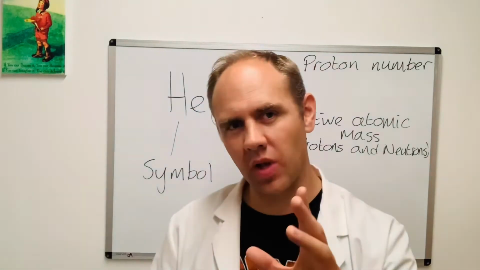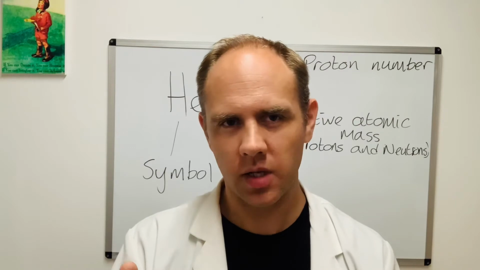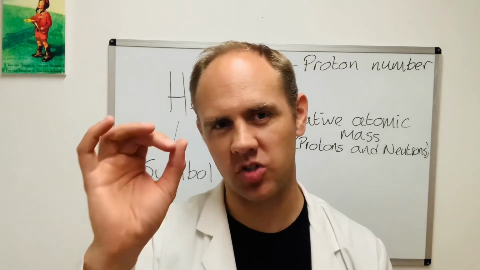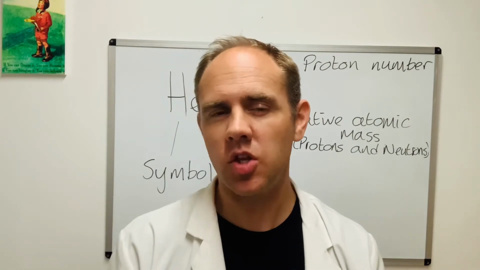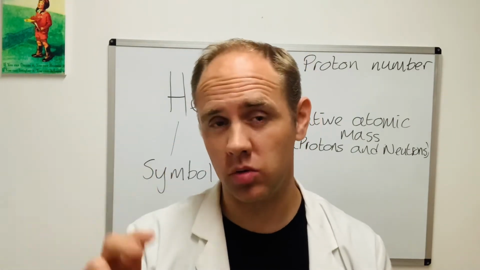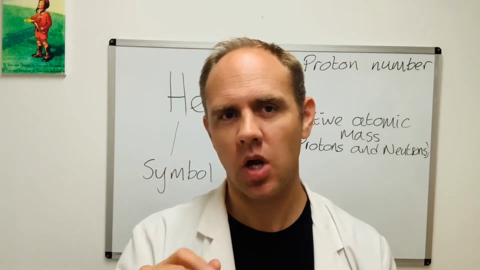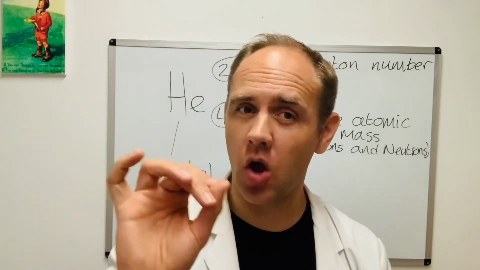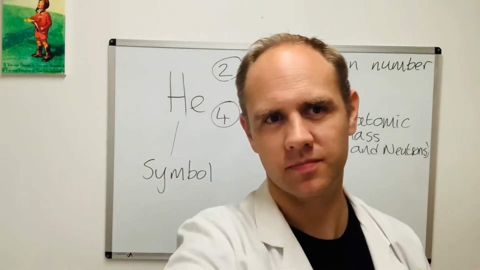Because all atoms on the periodic table are considered to be neutral, and protons have a positive charge, neutrons have no charge, and electrons have a negative charge, the atom with, in this case, 2 protons will have an overall plus charge in the nucleus, which means it must have an overall 2 minus with the electrons. So let's draw this.